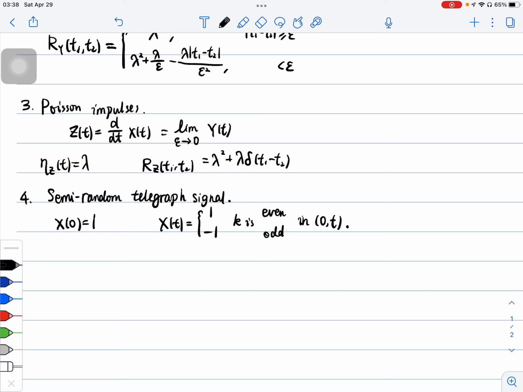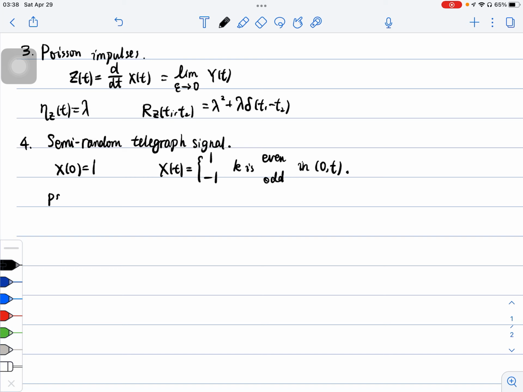So the probability masses are e to the minus lambda t cosh lambda t.